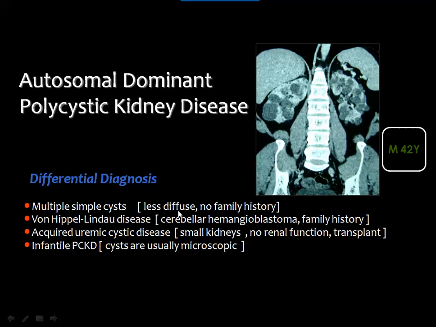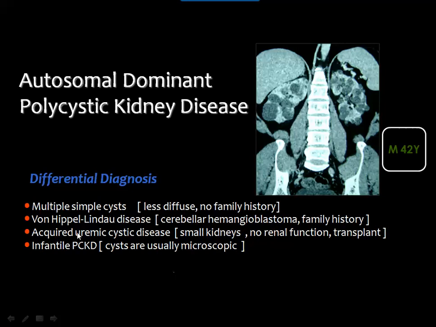The differential diagnosis of adult type polycystic kidney disease includes multiple simple renal cysts, where the cysts are less diffuse, they are few in number, and there is no positive family history for polycystic kidney disease. Von Hippel-Lindau syndrome: there are usually cerebellar or spinal cord hemangioblastoma, and positive family history for von Hippel-Lindau syndrome.